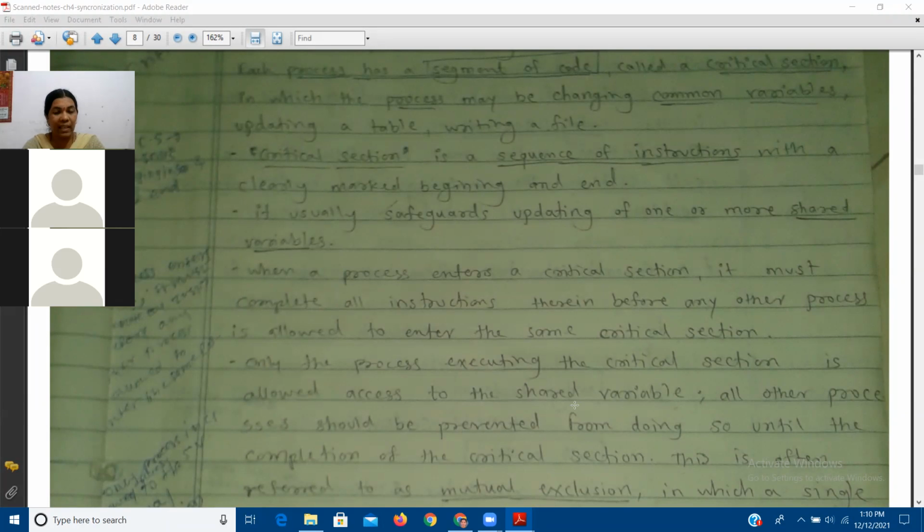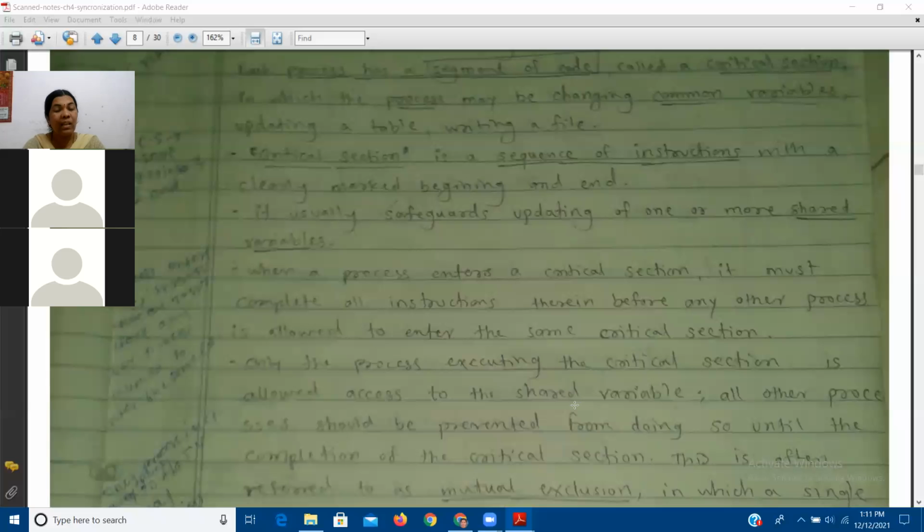Like yesterday's example, I have taken the example of a changing room. Suppose two customers are there, C1 and C2, customer 1 and customer 2. If customer 1 is inside the changing room, the changing room acts as a resource.